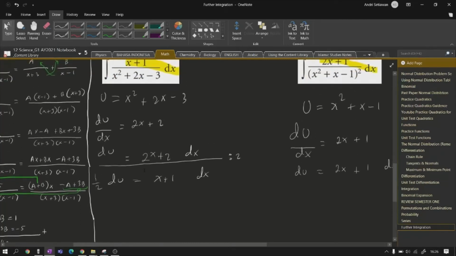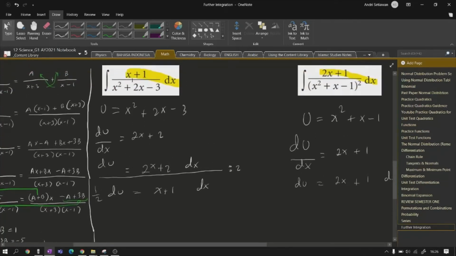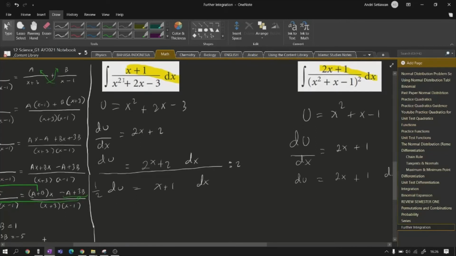Since you know, we can find the derivative of the term above. By dividing by 2 we get x plus 1 dx. So we can directly use substitution to solve this question.